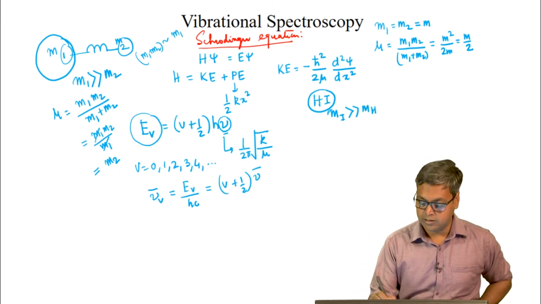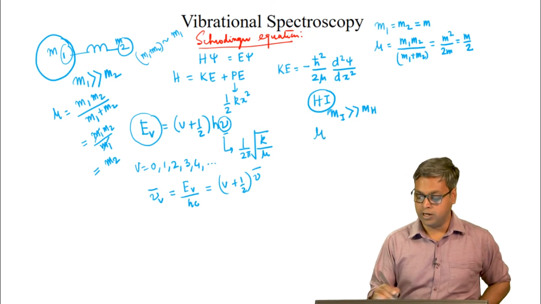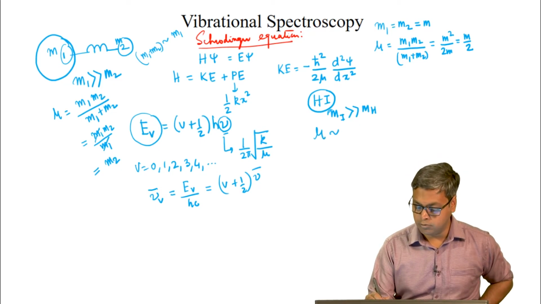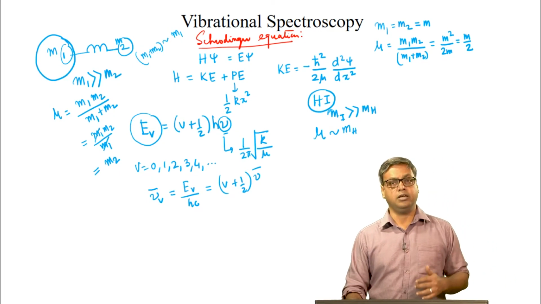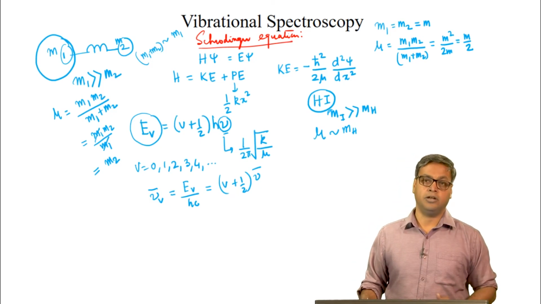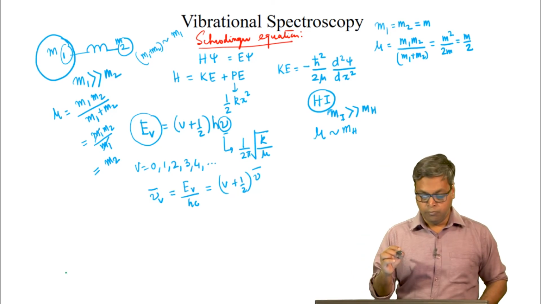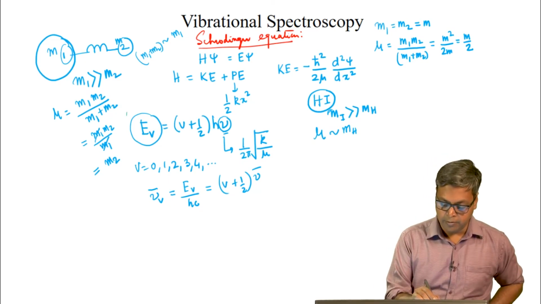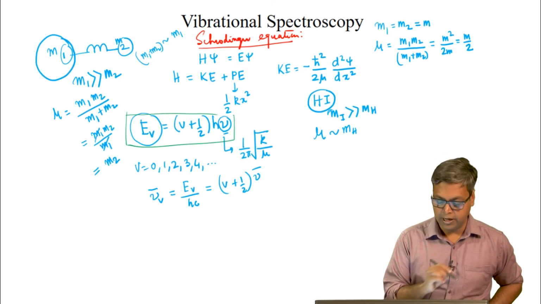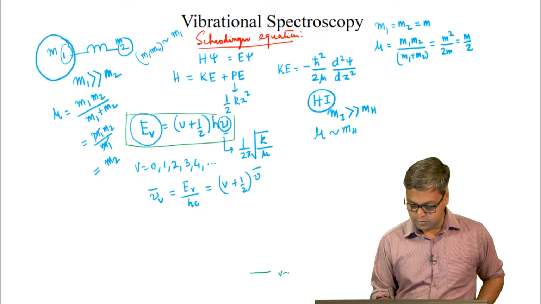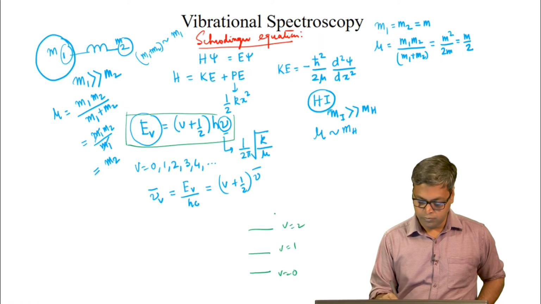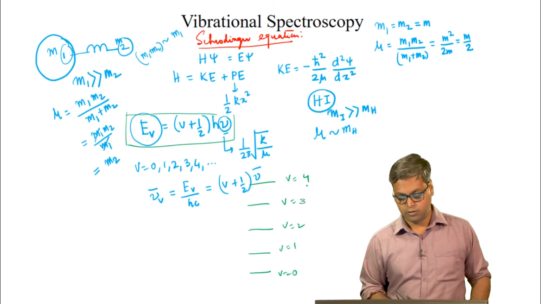So, in this case, the mu or the reduced mass will be approximately equal to M of H. So, now let us try to draw the vibrational levels. So, we know the energy expression is given by V plus half h nu. So, let us draw the energy levels. So, let us say V equals 0, V equals 1, V equals 2, V equals 3, V equals 4.